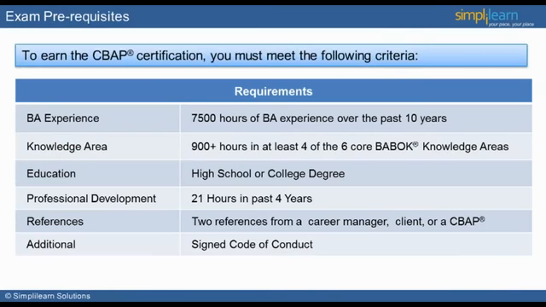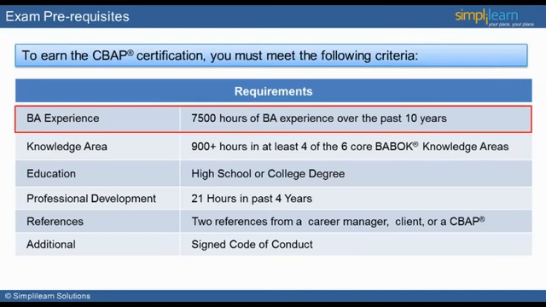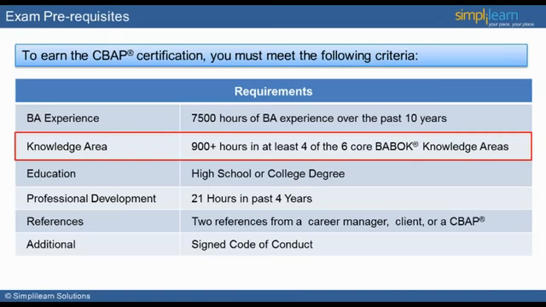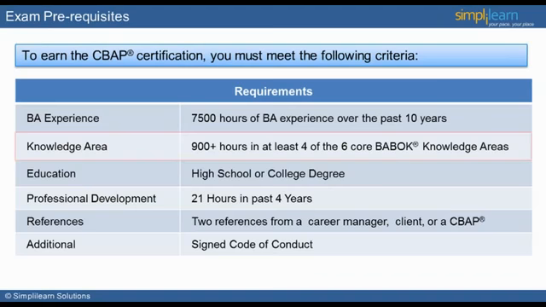In order to get the CBAP certification, there are certain requirements to be met by the professional. The business analyst should have at least 7,500 hours of relevant experience in the BA field spanning over the last 10 years. The individual should also have more than 900 hours in at least 4 of the 6 core BABOK knowledge areas.